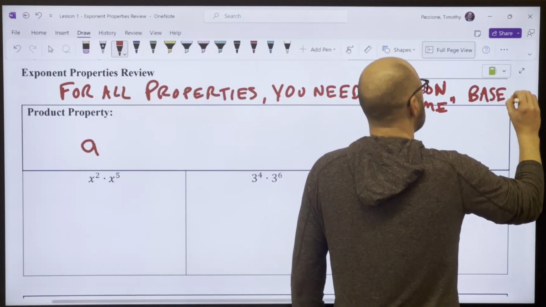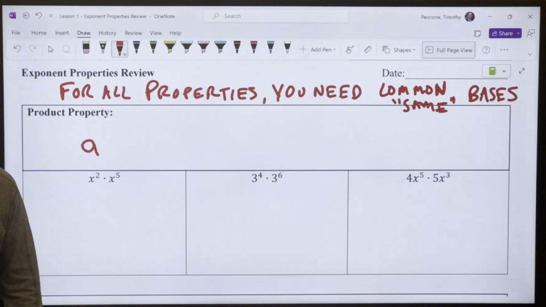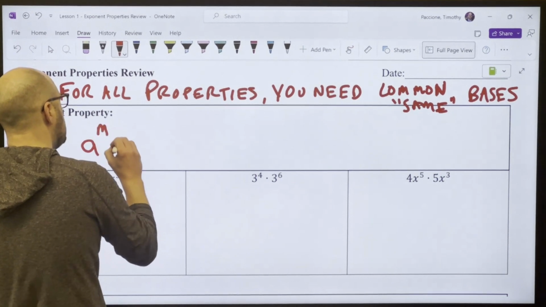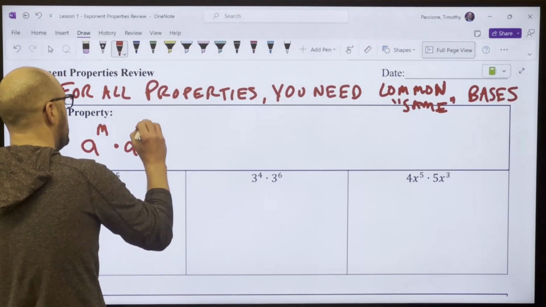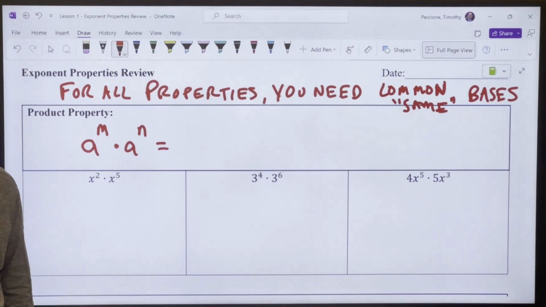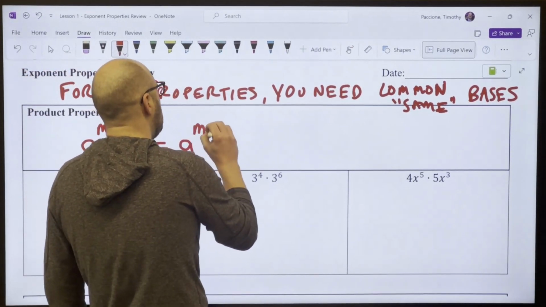You need common bases, right? So they have to be the same base or you can't apply the property. Okay? So a to the m times a to the n. Same base. So anybody remember what you do? You add. This becomes a to the m plus n.